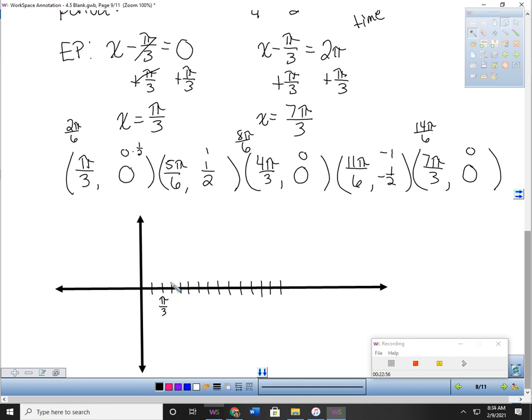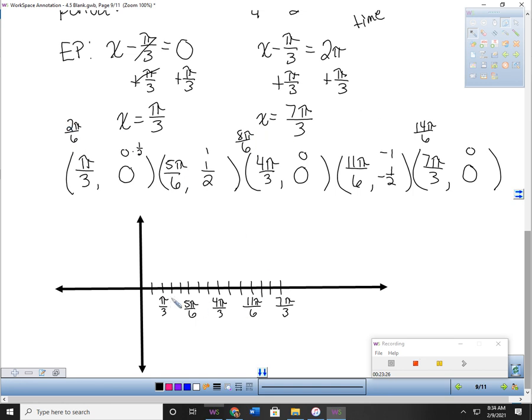And then you have 3 pi over 6, 4 pi over 6, 5 pi over 6, 6 pi over 6, 7 pi over 6, 8 pi over 6, which is my 4 pi over 3, 9, 10, 11 pi over 6, 12, 13, 14 pi over 6, which is my 7 pi over 3. So these are just to help me space out.